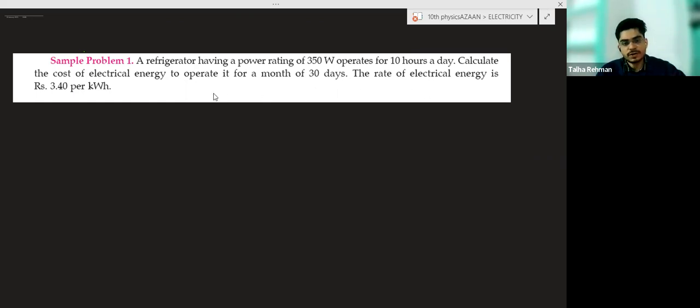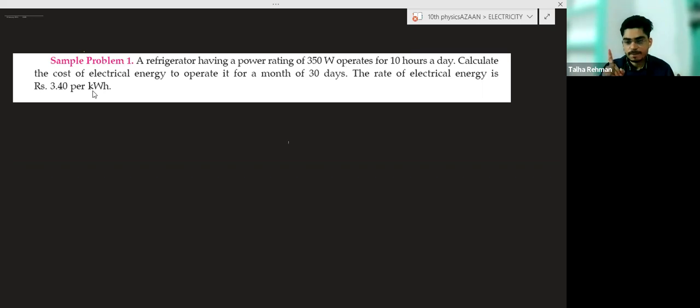And the rate of electrical energy is 3.40 per kilowatt hour. Means if we are spending 1 kilowatt hour of energy, we have to pay 3.40 rupees. What is the significance of kilowatt hour?